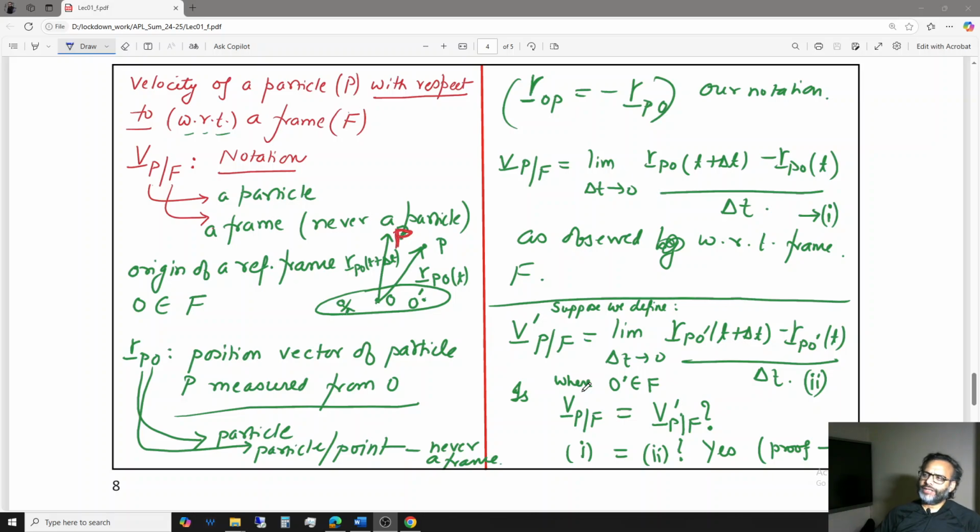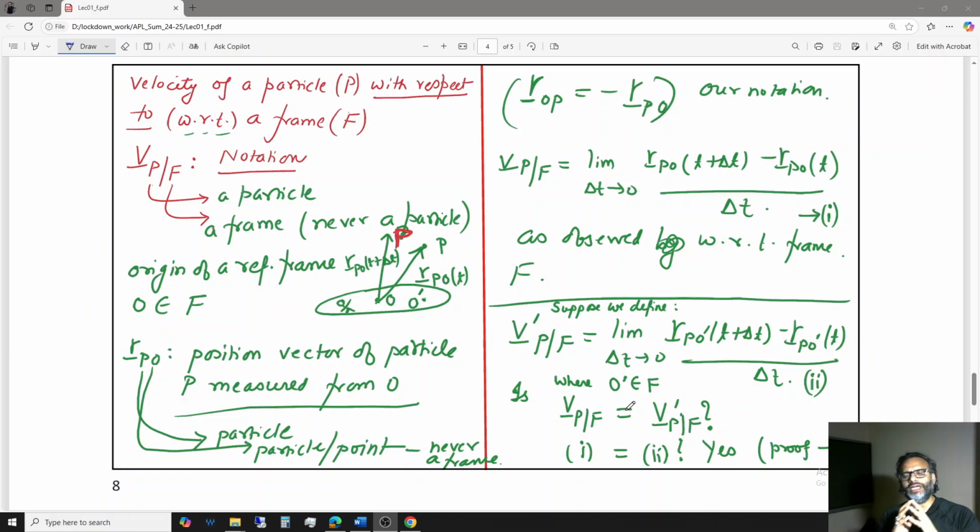My question is, if I choose the origin to be O prime and not O, will VPF be the same as V prime PF or not? If it is not, then we cannot define VPF without describing where the origin is.